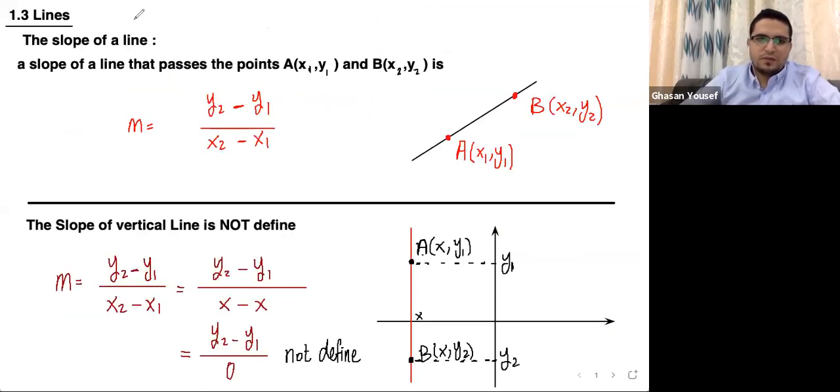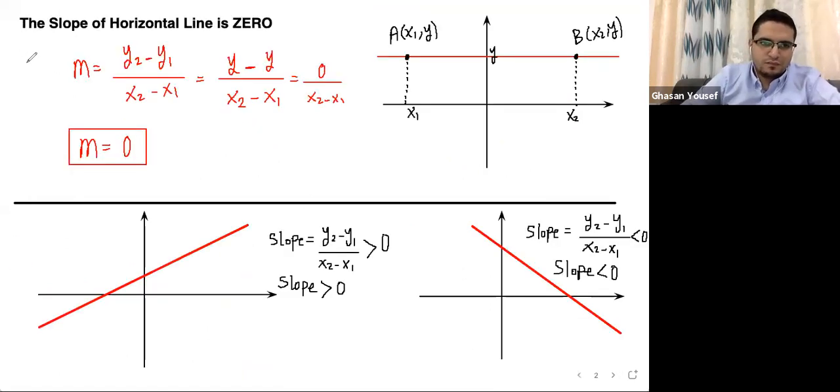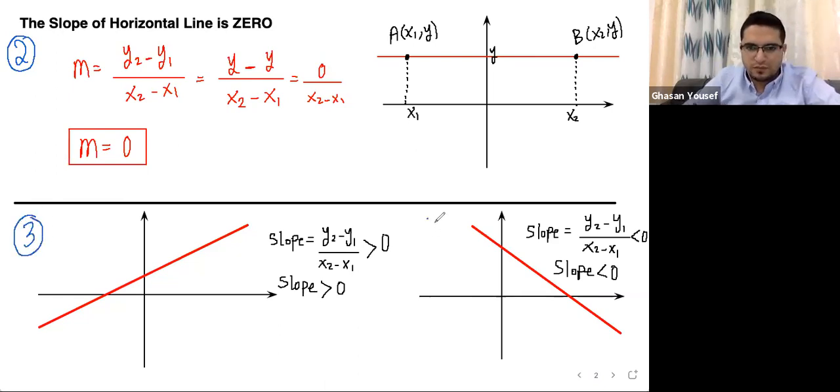So here I'm going to give them numbers. This is number 1, this is 2, this is 3, and this is 4.